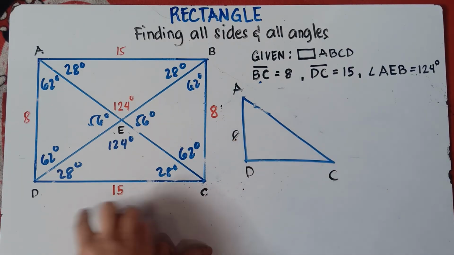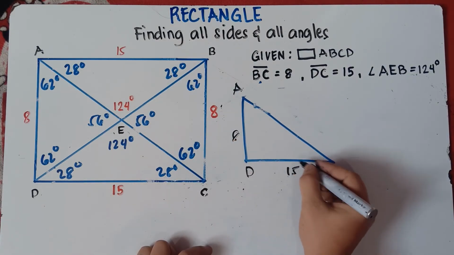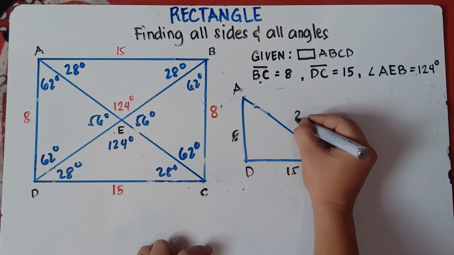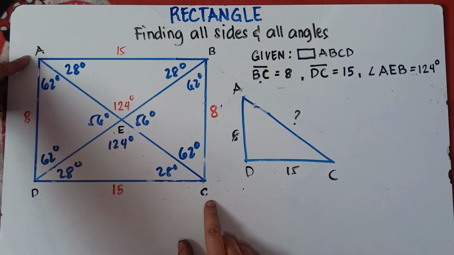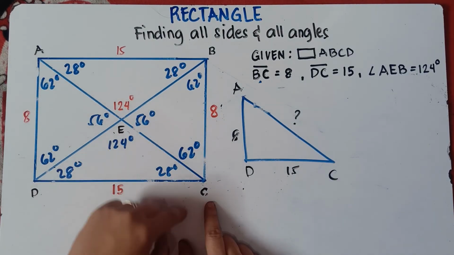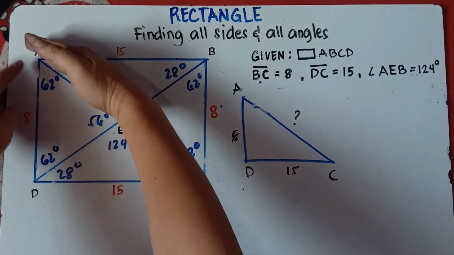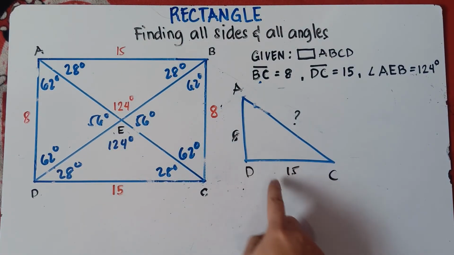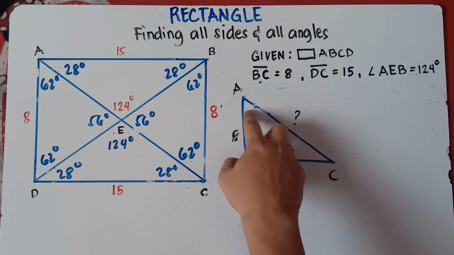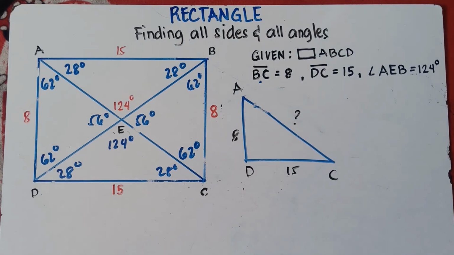And our DC is 15. And we're looking for this side, class. Once again, I draw this triangle ADC, this one. I hope you understand this one. This is 8 and this is 15. So we're looking for this diagonal. So what would be the measure of that diagonal?